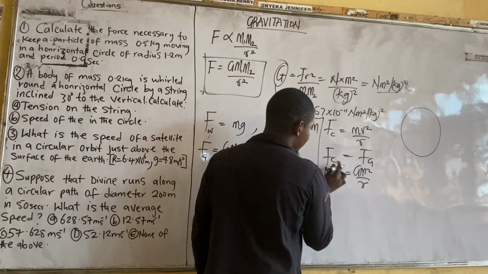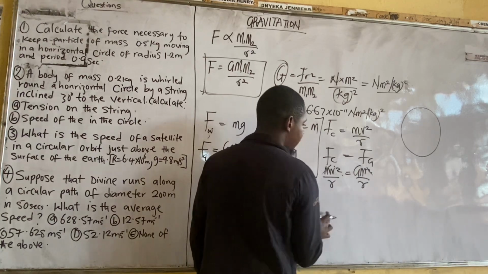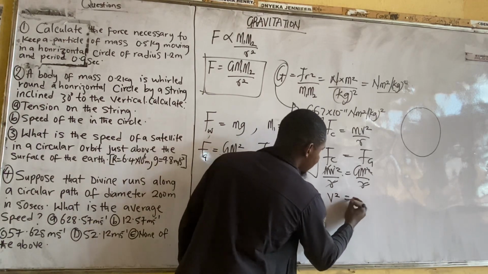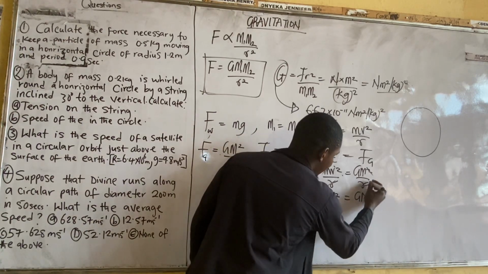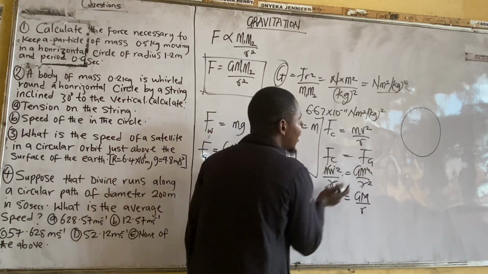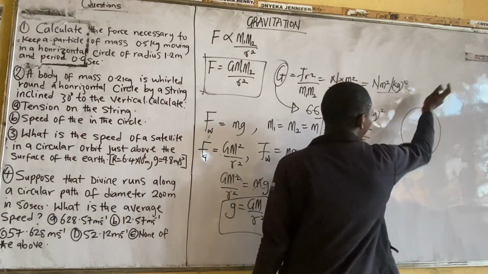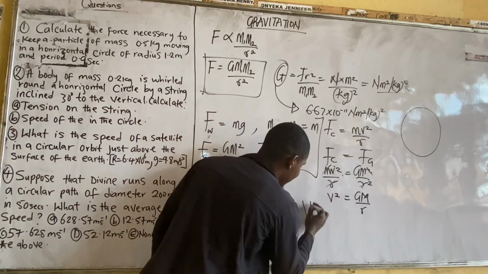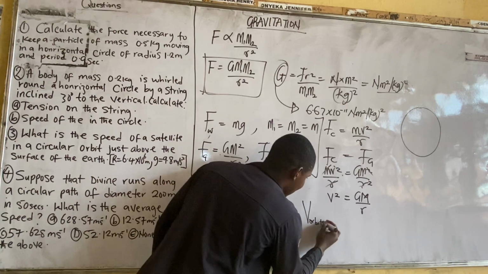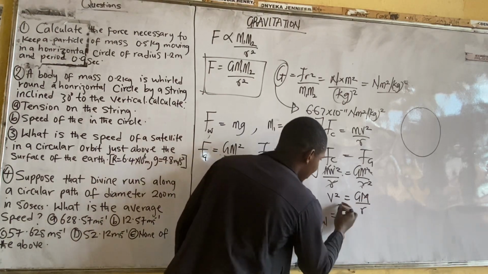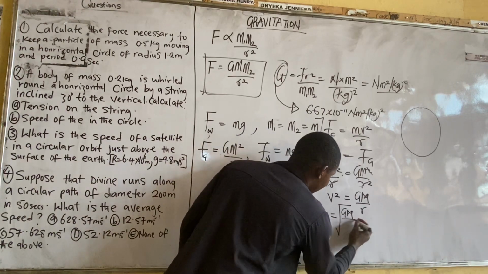So cancel the mass, and cancel the radius. We have that v squared is equal to GM over r. Remember, this is protecting this body from escaping from the orbit, so the velocity we have here is the orbital velocity. Taking the square root, the orbital velocity is equal to the square root of GM by r.